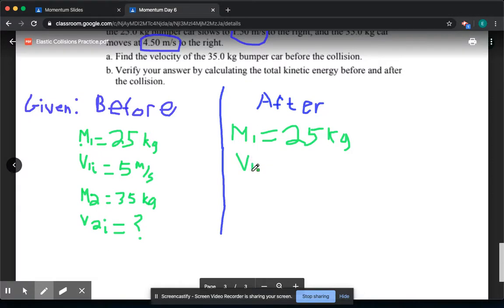So now V1, and I'm going to label this F for final. V1F is equal to, if I'm not mistaken, 1.5 meters per second, yes. So this drops down to 1.5 meters per second.